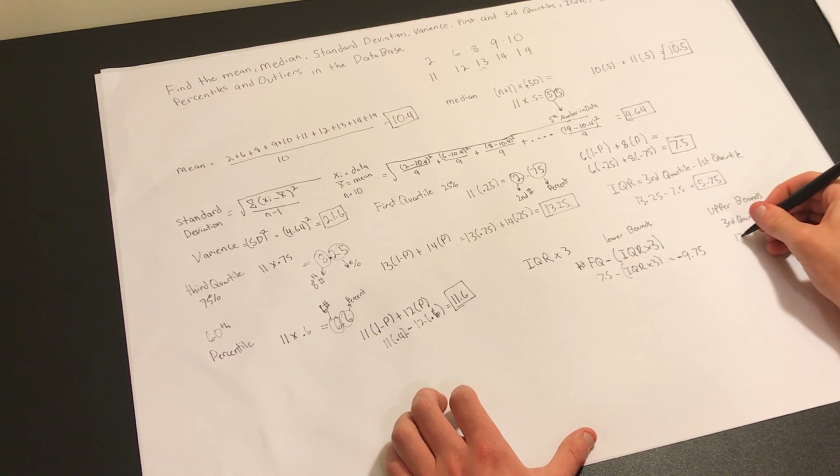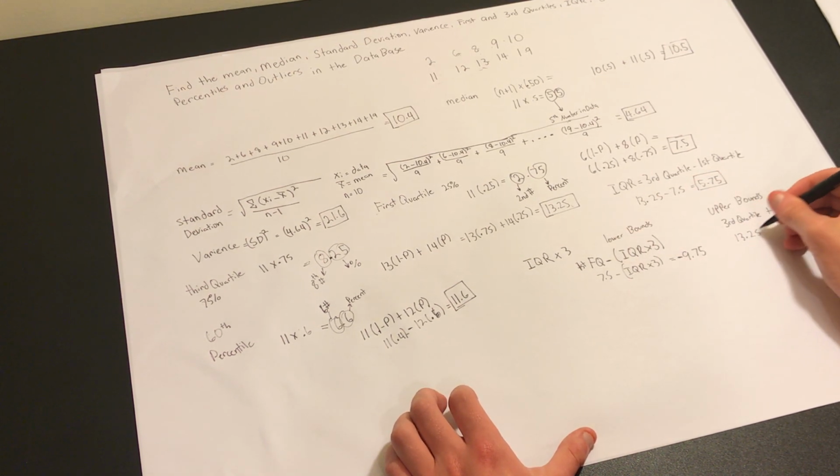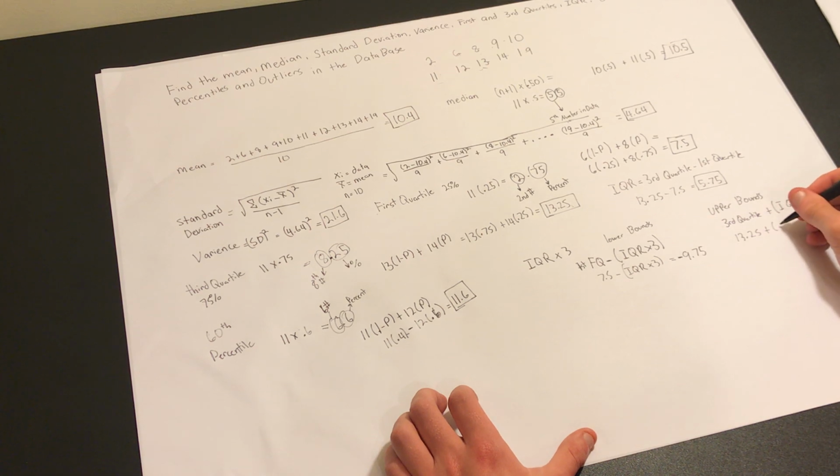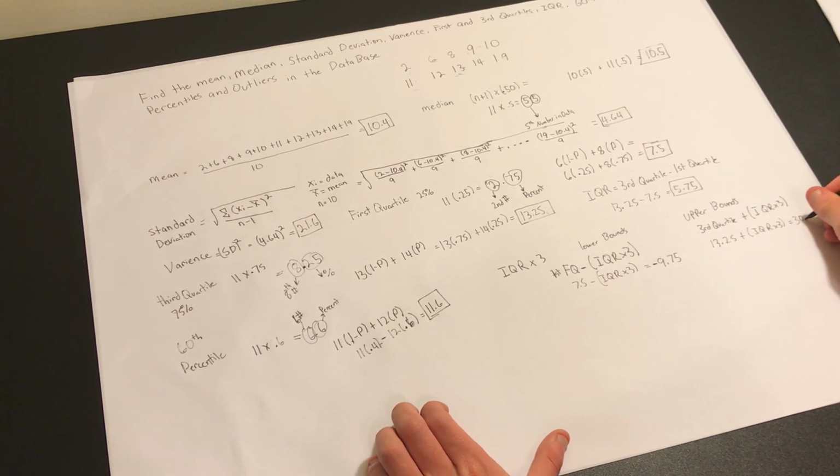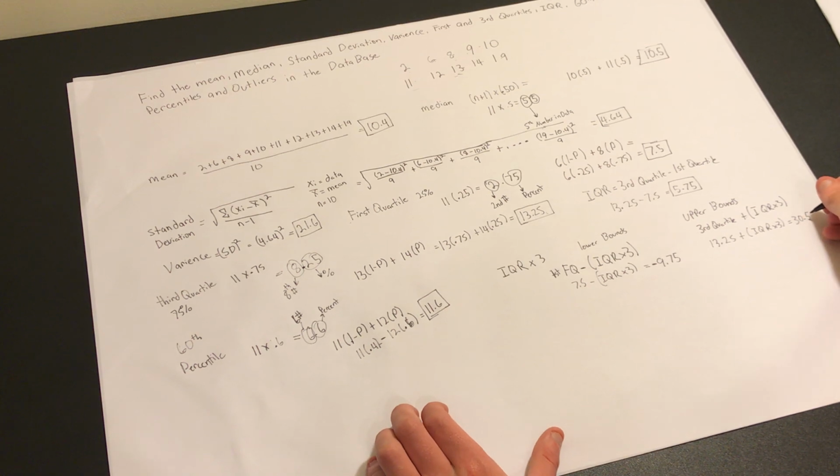It's 13.25 plus interquartile range times 3 to get 30.5.